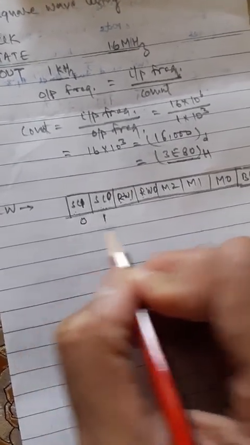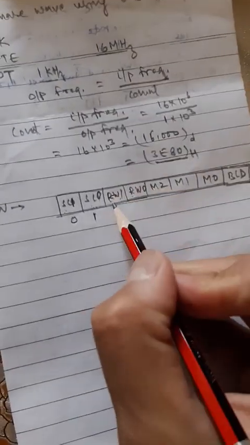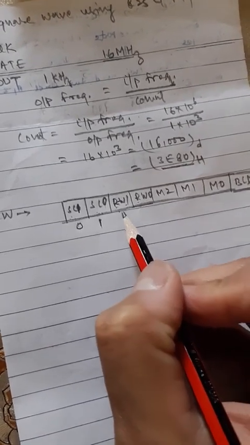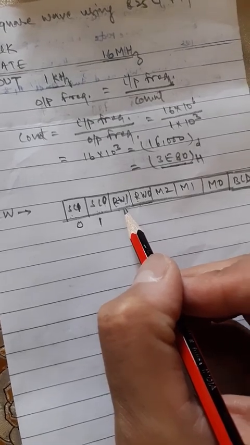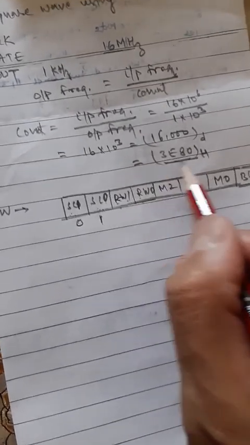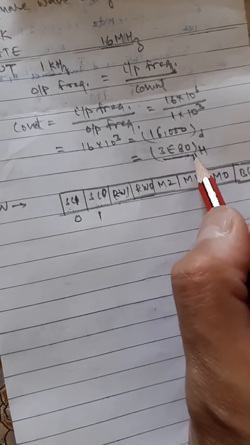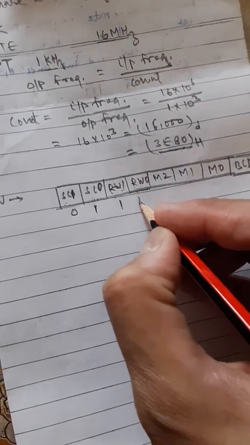Now read write 1 and read write 0: for 0 0 it is the counter latch command, for 0 1 we give the lower byte, for 1 0 the higher byte, and for 1 1 both bytes of the count. Here we give both bytes of the count value, so I put 1 1 for RW1 and RW0.